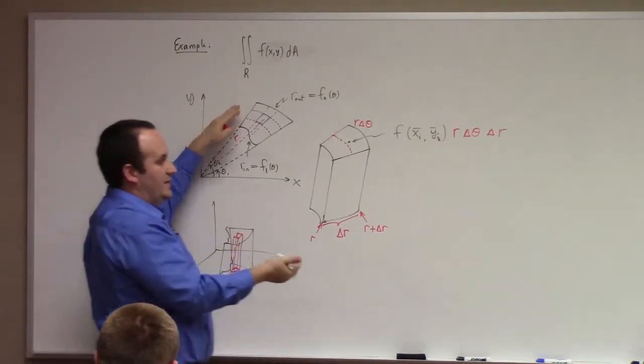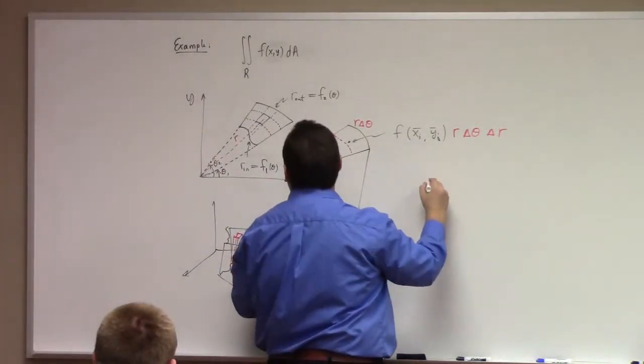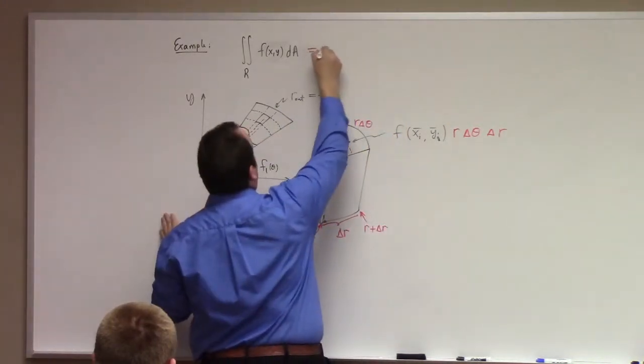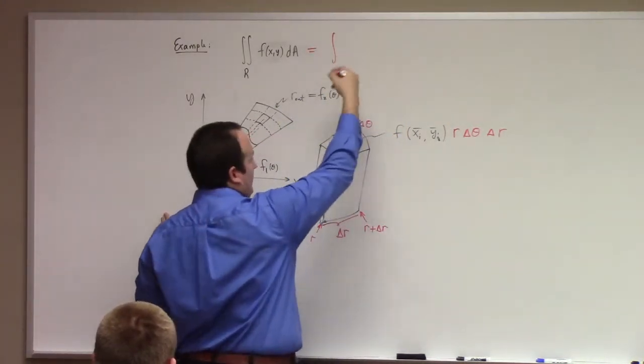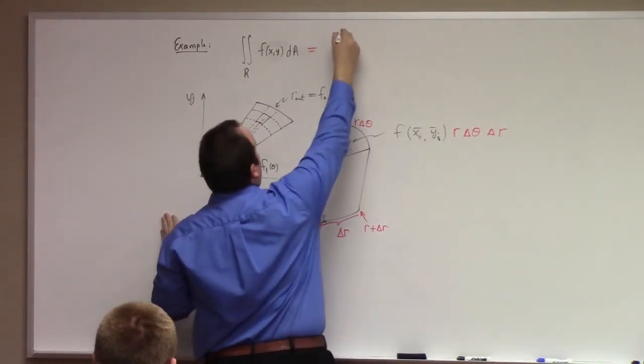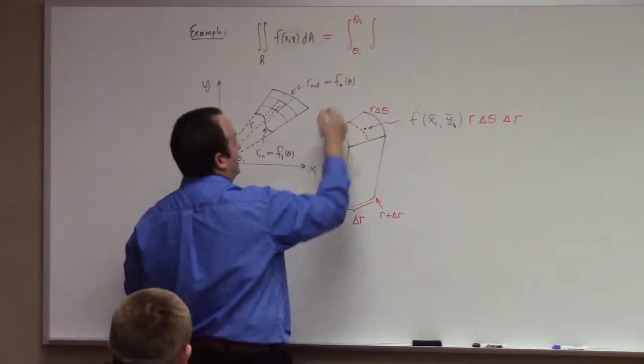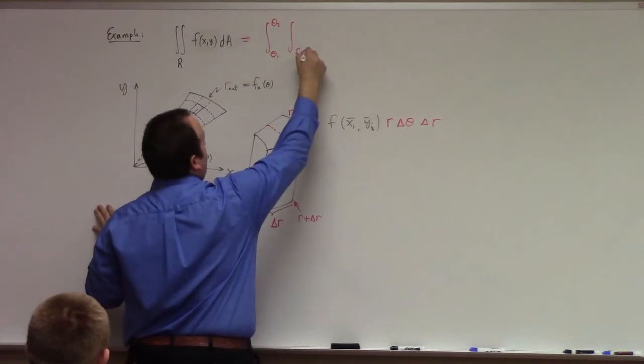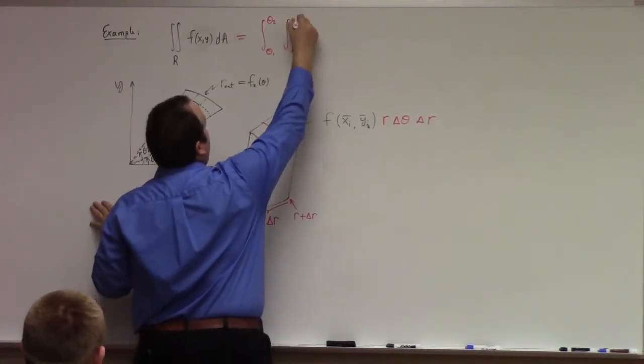So what happens is that this is in fact equal to, and I could be a little more careful, but I don't think there's much harm in the sloppiness of what I've just done, theta 1 to theta 2, and the r bounds go from f1 of theta to f2 of theta.